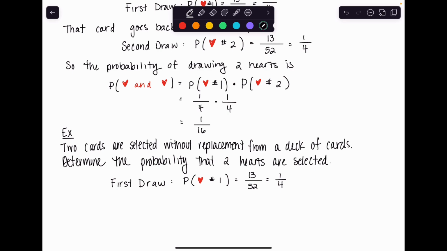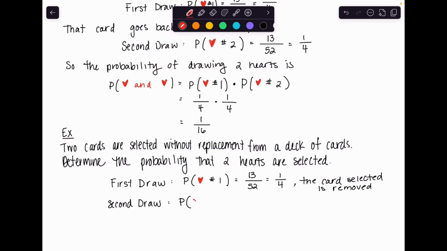Okay. But now that I've selected that card, the card we select is then removed. And it was a heart that's removed. So when I go to calculate the second draw, it's a little more complicated. So instead now, I had 52 cards, but I've removed the 1.